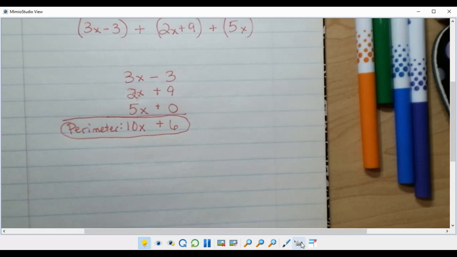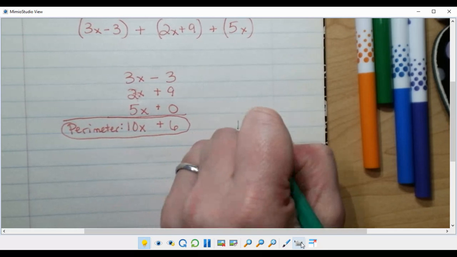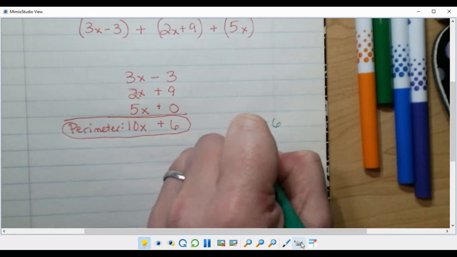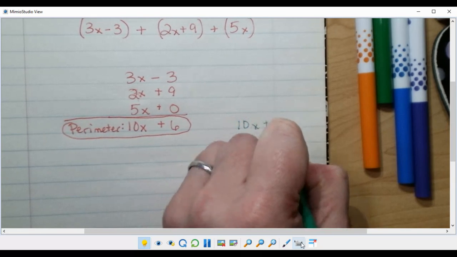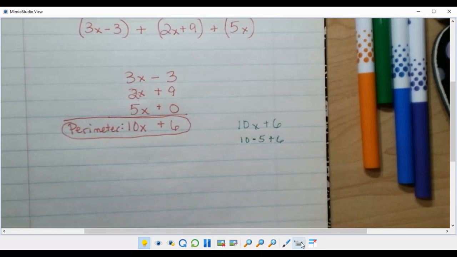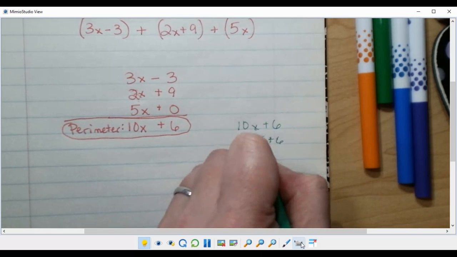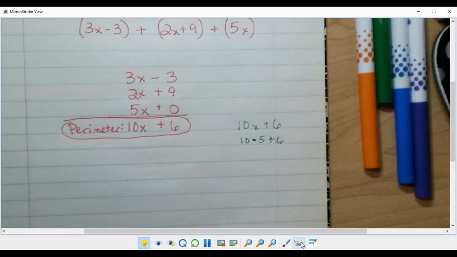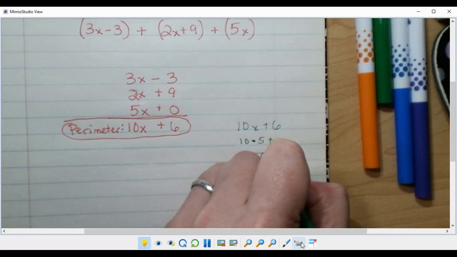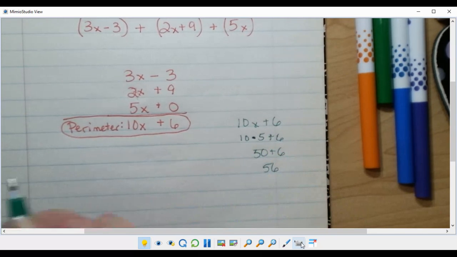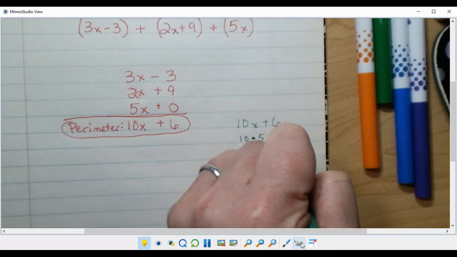Okay, so as a separate piece of our problem, we're going to have 10x plus 6, and we're going to replace that x with a 5 because it said x equals 5. This is a times sign, a dot. So 10 times 5 is 50. 50 plus 6 is 56. Let's say that these are units because they didn't tell me what it was.